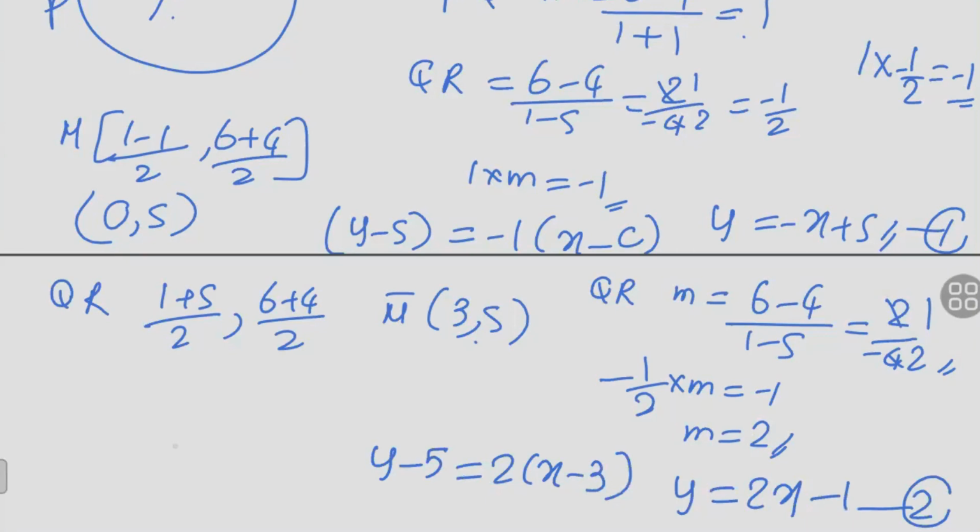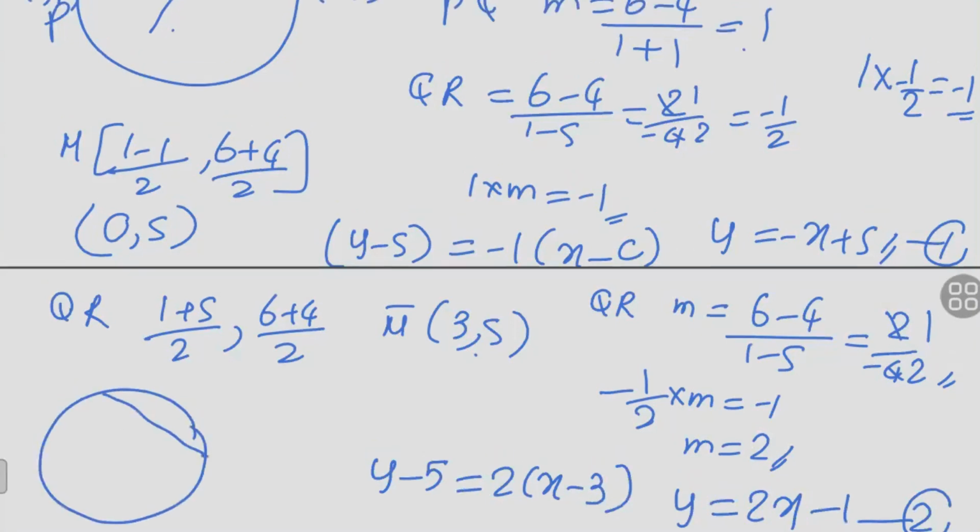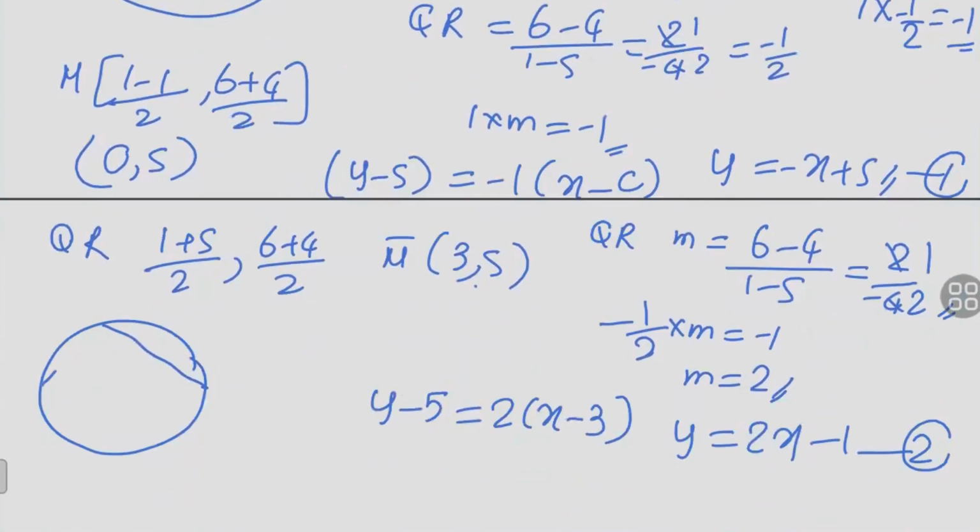So you know that in any circle, if you take two chords like this, the perpendicular bisector of this chord and the perpendicular bisector of that chord definitely go through the center. In O level you learn this theorem: when you draw the line from the center to the chord, it is perpendicular and bisecting.